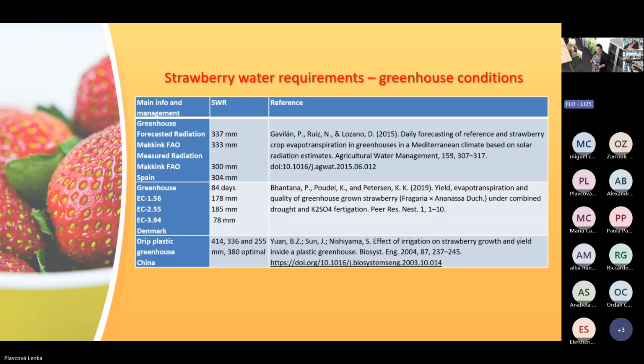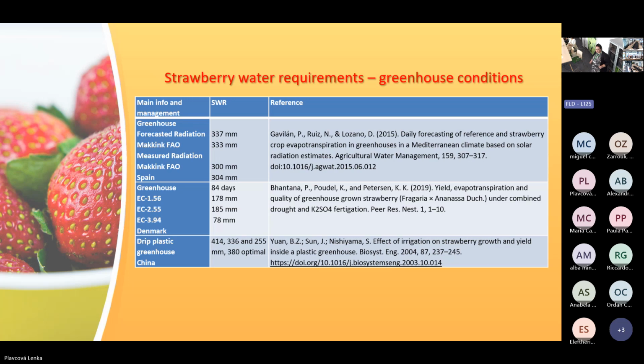And for greenhouse condition, we have interesting work. The first one determined the total crop water requirement depending on the method for calculating reference evapotranspiration. That is the first work from Spain. So you could see if they used Makkink or measured radiation, it was different.